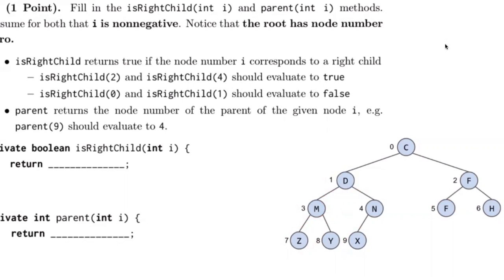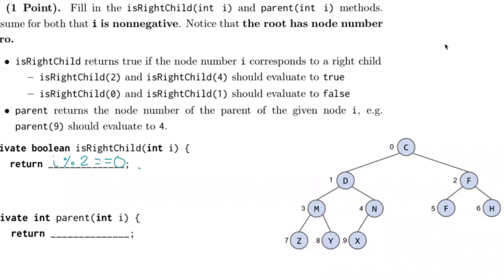And the way that we check if something's even, if we take it and we mod it by 2 and that gives us 0, then it is even because that means it's evenly divisible by 2. But we also need to make sure that if 0 is passed in, is right child is always going to give us false.